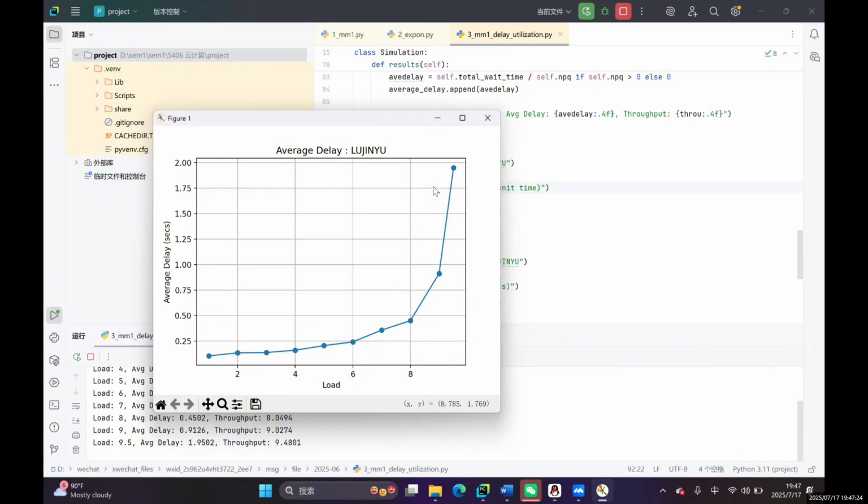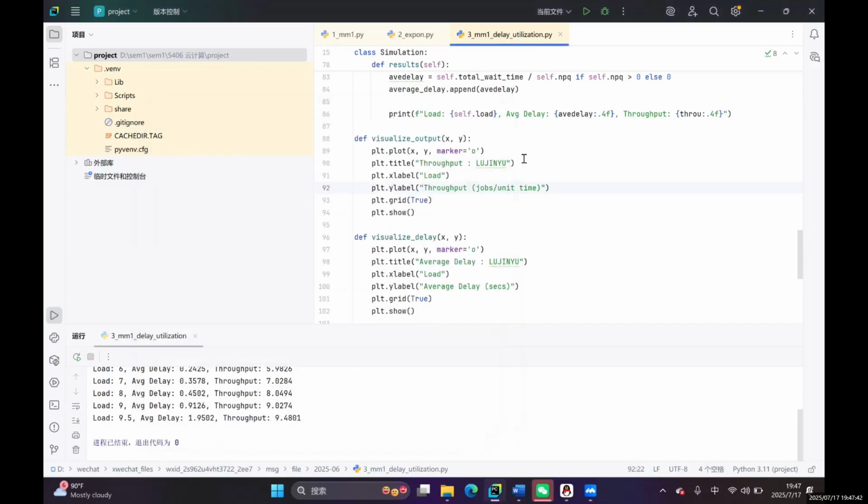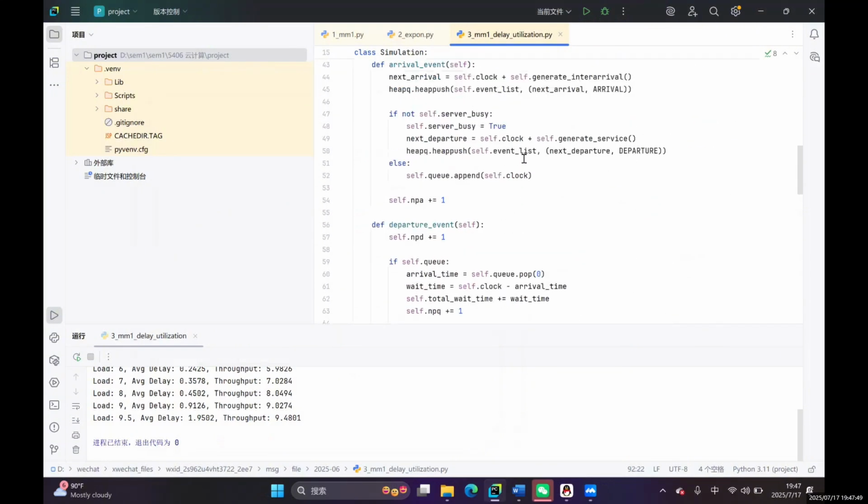So this picture shows a key performance tipping point. When the load is close to the service rate, the delays explode non-linearly, even though the throughput remains capped. From this simulation, I have clearly understood the balance between the load and system performance.